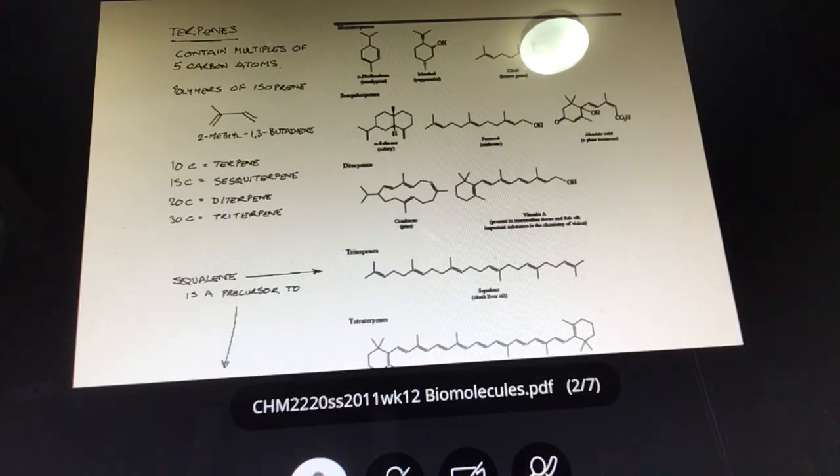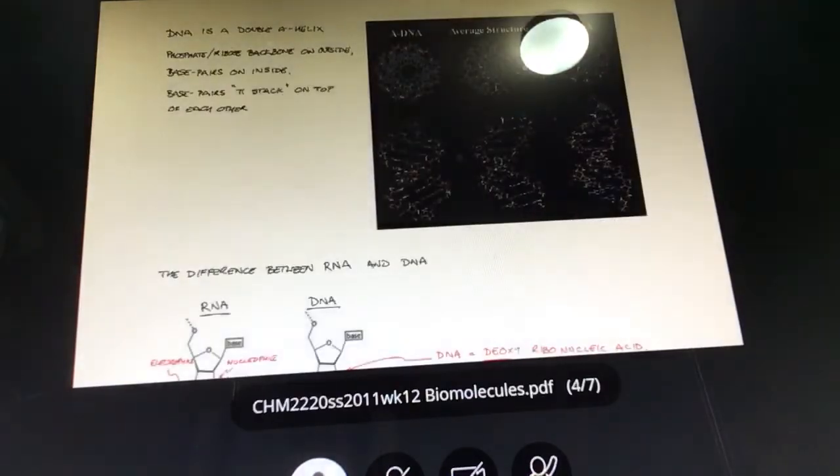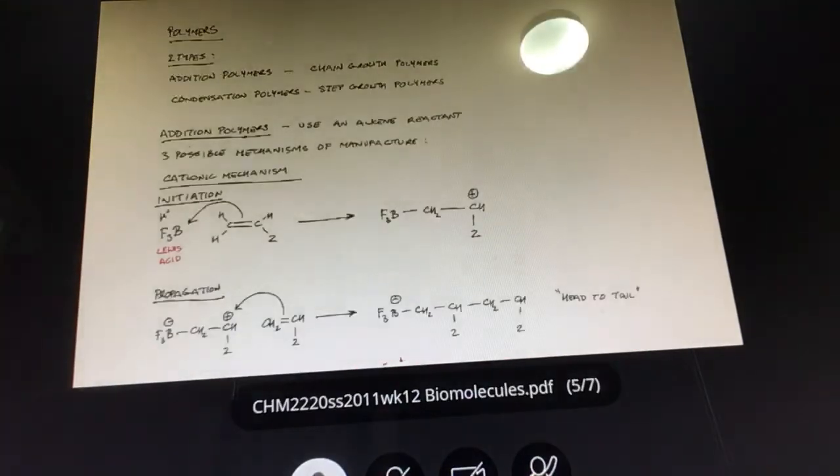No, they're not always hydrocarbons. They're simple molecules that have repeating 5 carbon units in them. They have a distinctive shape. Part of the terpene system are steroids. We would have a very quick look at DNA. And, oh yeah, look, that's polymers right there. And then we would be done.